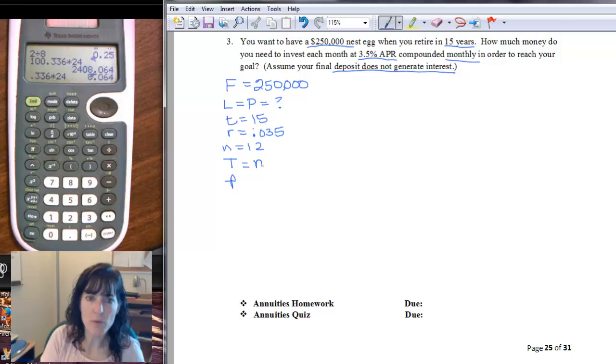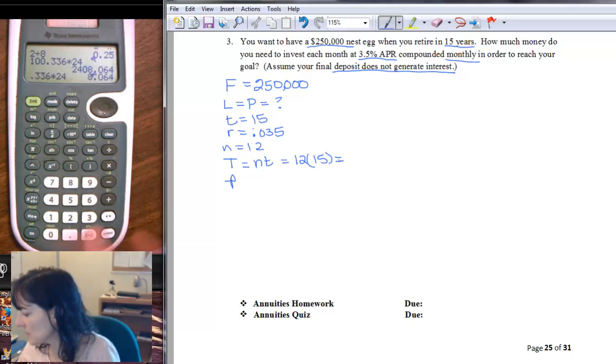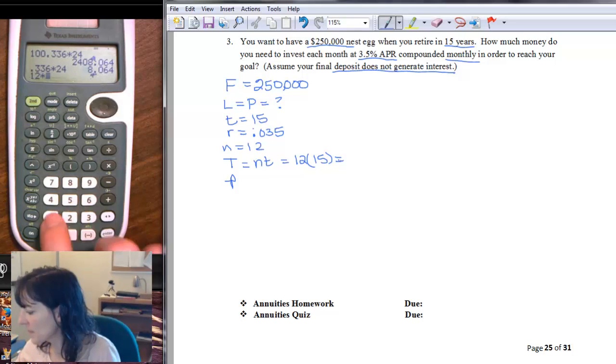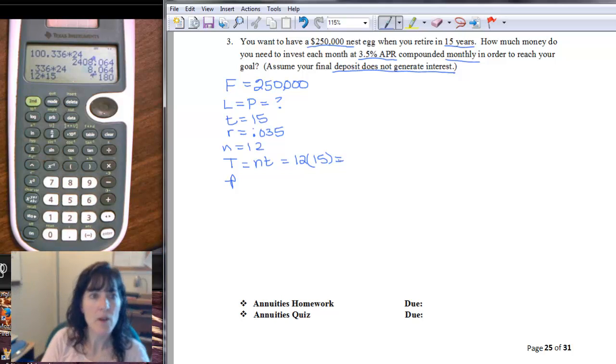My capital T, remember, is NT. So my N is 12 and my T is 15. So I'll multiply those, and I get 180.